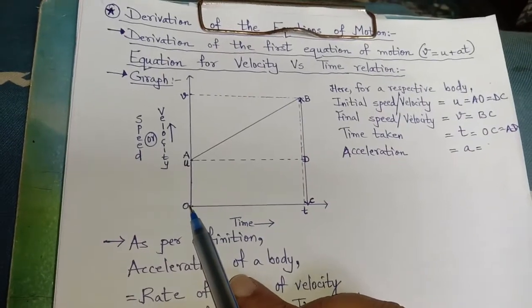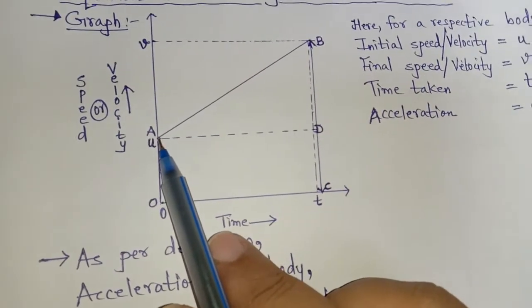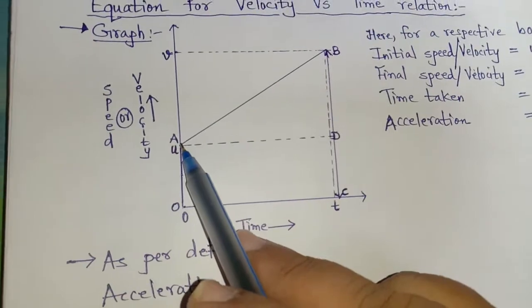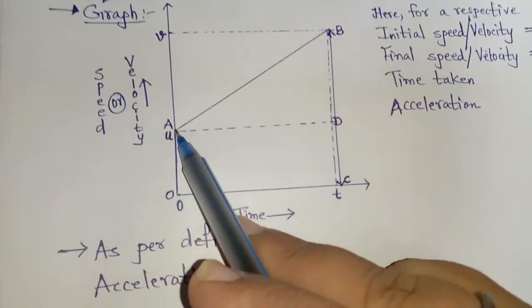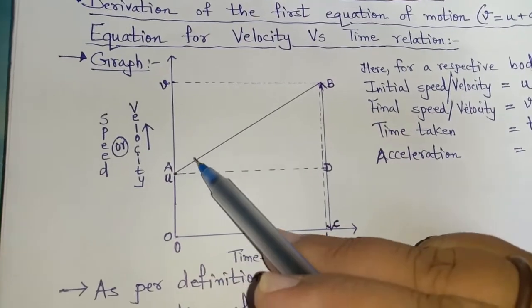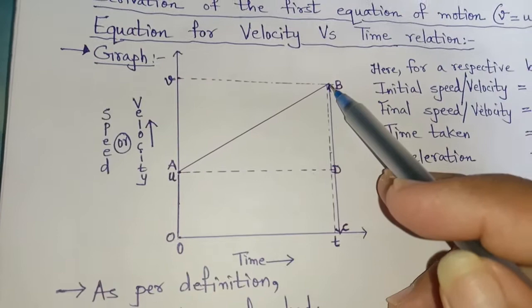Initially the body is at rest, then it starts its motion, and in a similar direction it reaches here, that is initial velocity, and now the direction changes and the body is finally at this position.